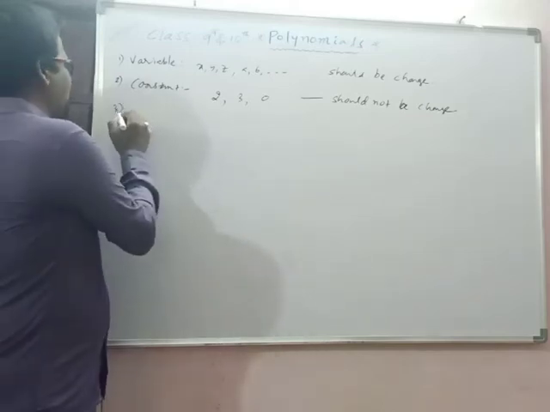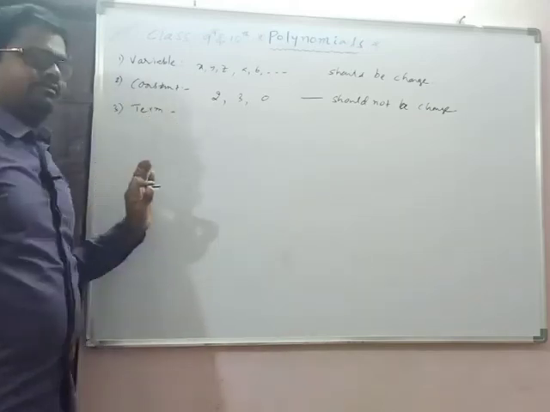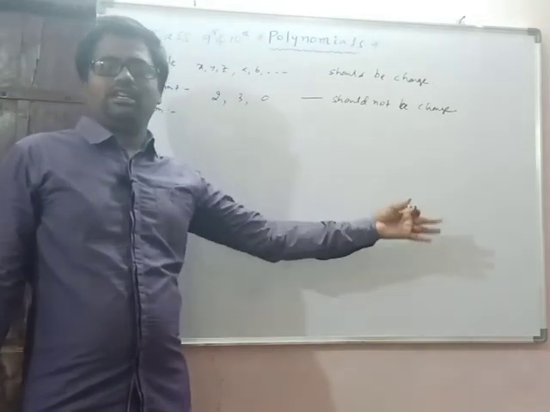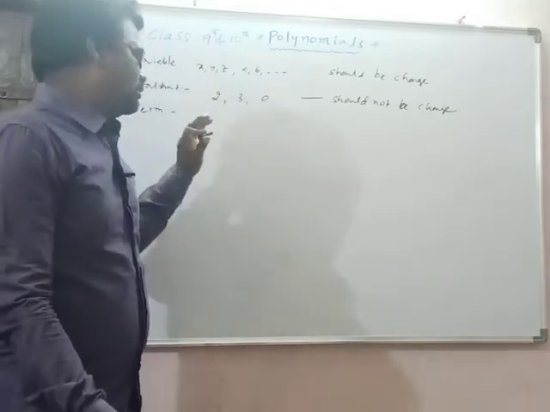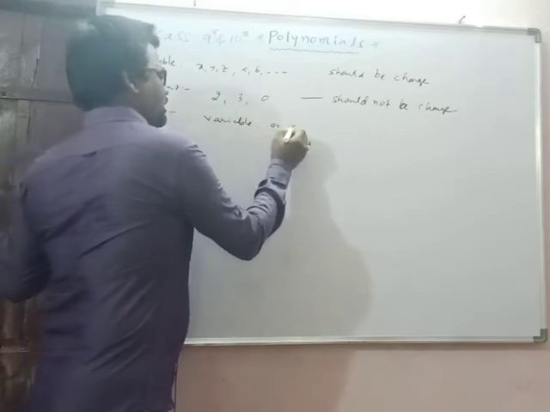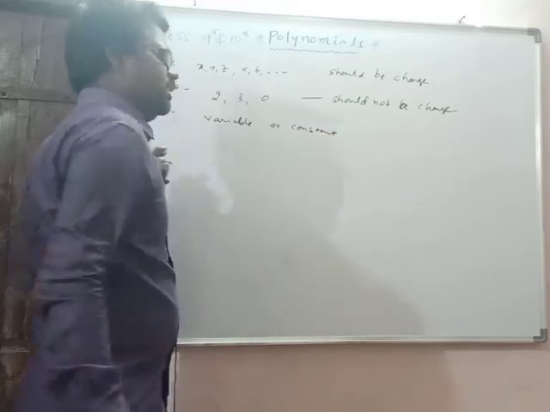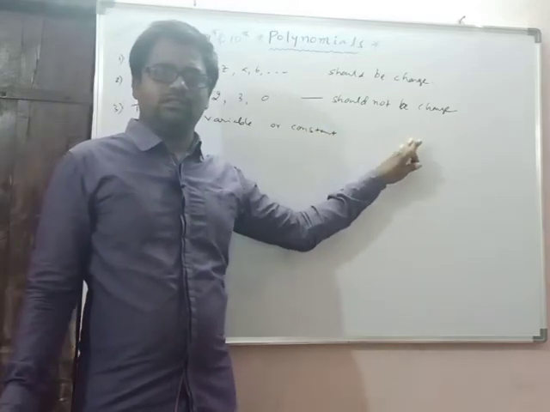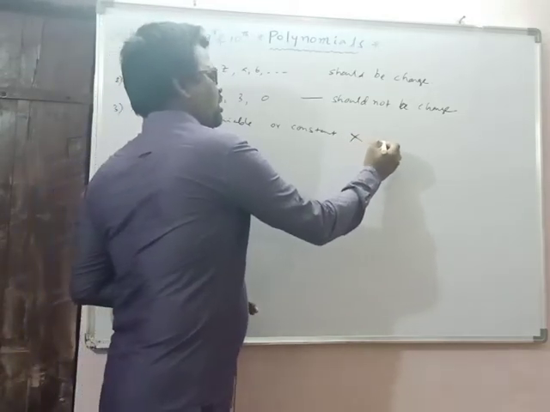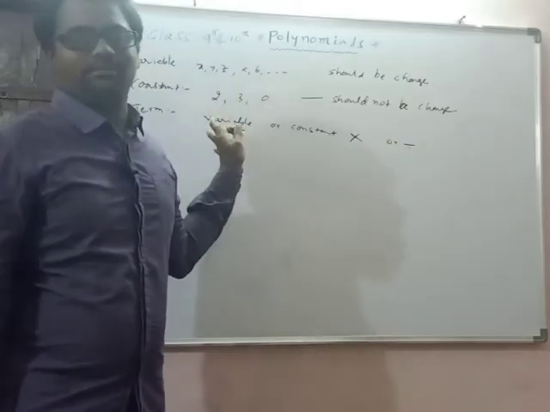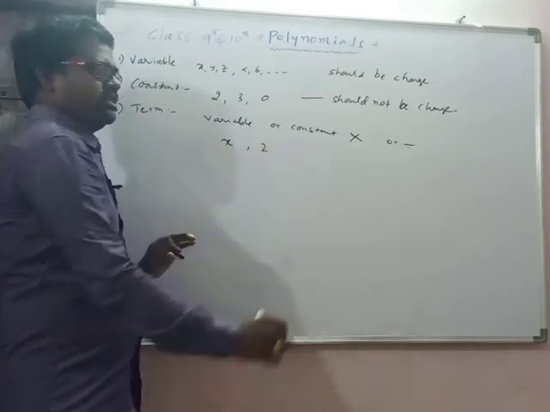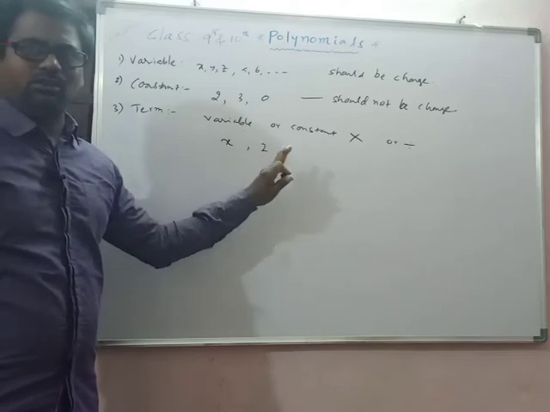Next one is term. What is a term? A term is a single number or single variable, or a variable or constant or both, which are applicable to multiplication or division. x is a variable, 2 is a constant.